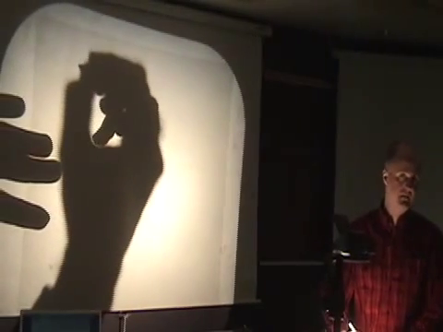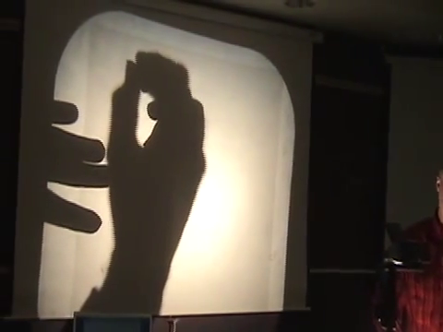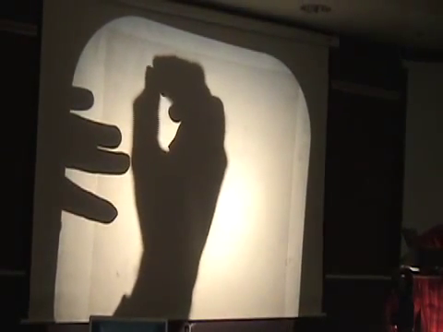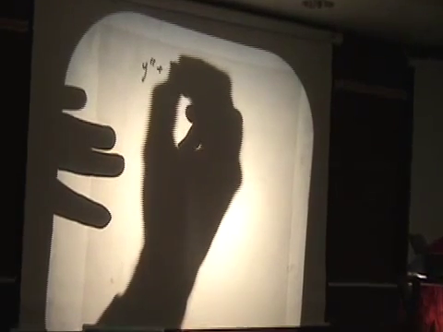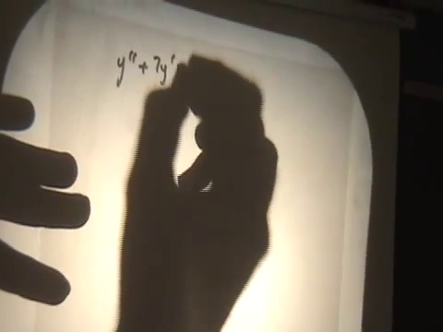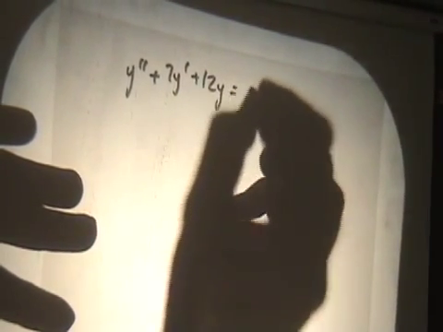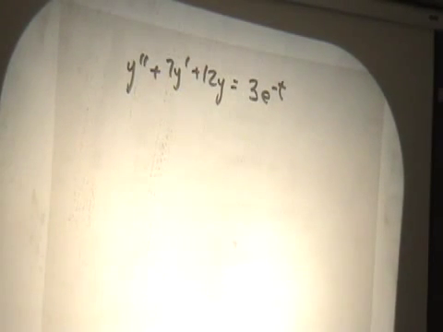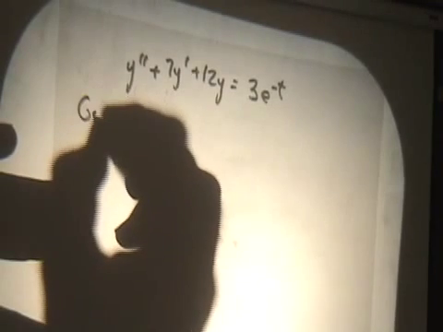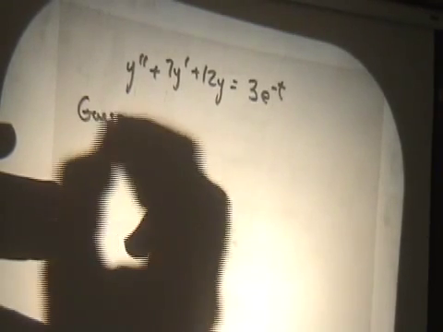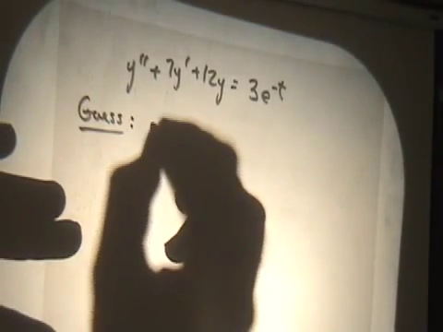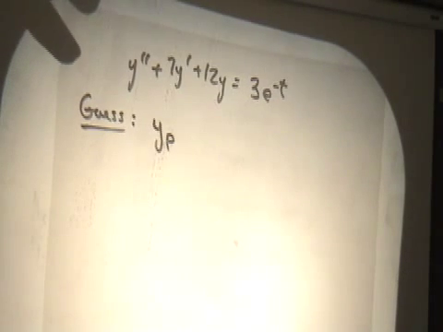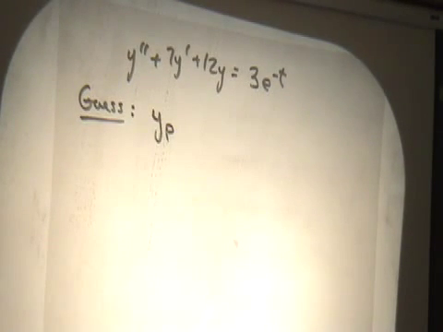That was usually a bit more work back in chapter 1, and it will be a bit more work here now. y double prime plus 7y prime plus 12y equals 3e to the negative t. We want to guess a particular solution to this, call it y_p for y particular. It always brings up the issue, what do we guess?